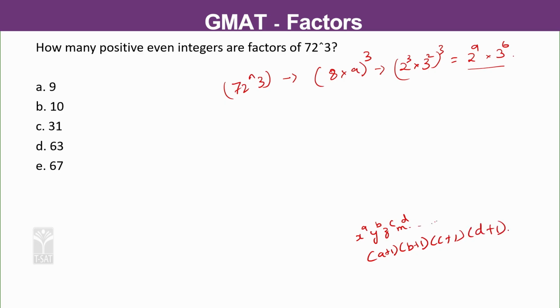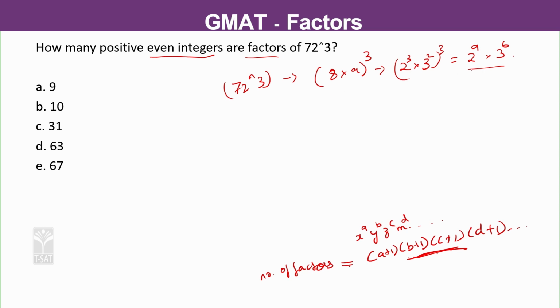This goes on. This is the standard form of how to calculate the number of factors, where x, y, z, m, all these numbers are prime, and a, b, c, d are their exponents. Okay. So, now we need all the even integers that are factors, we do not need the odd factors.